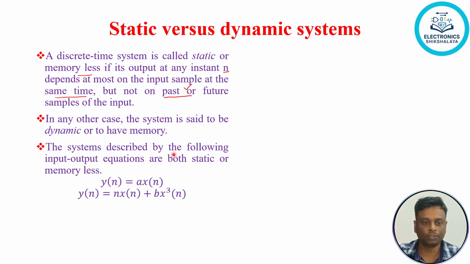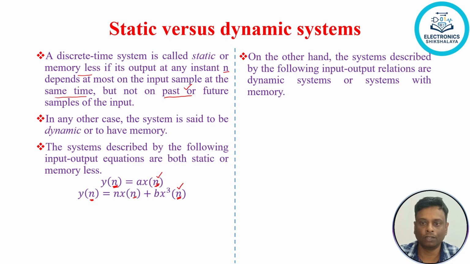You can see the input and output equations of some discrete time systems. Here y of n depends upon x of n, the input sample at the same time. That is the meaning of static or memoryless. In this case it is n, here also n, here also n. So these types of discrete time systems are called static or memoryless systems.